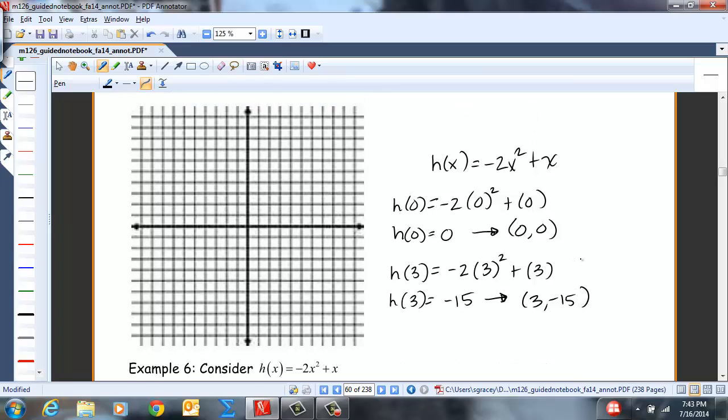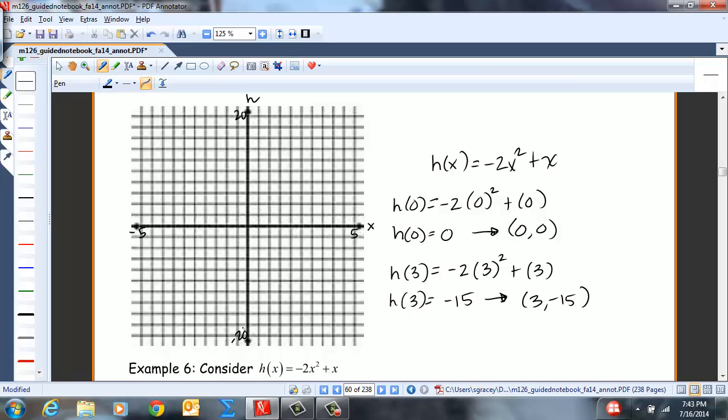So let's make a picture of h. For our x coordinates, let's go from 5 to negative 5, because we're only going from 0 to 3. And for our function values for h, we'll go from negative 20 to 20, so each of these tick marks will be worth 2.